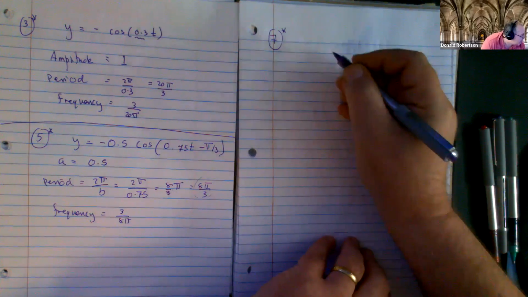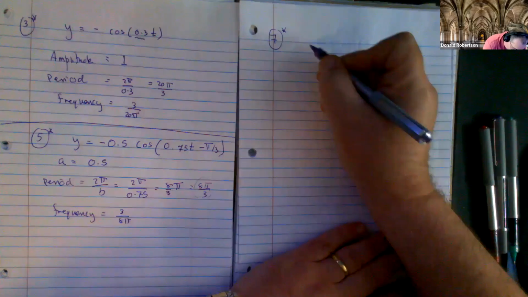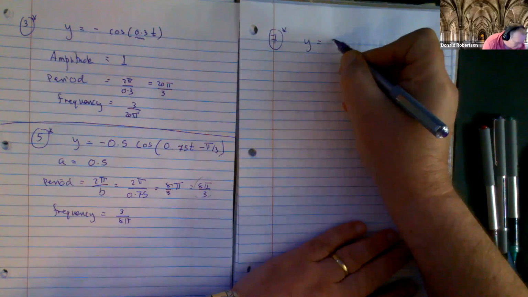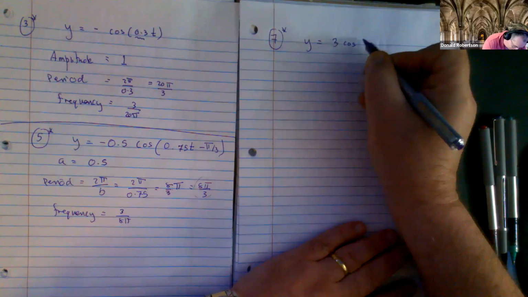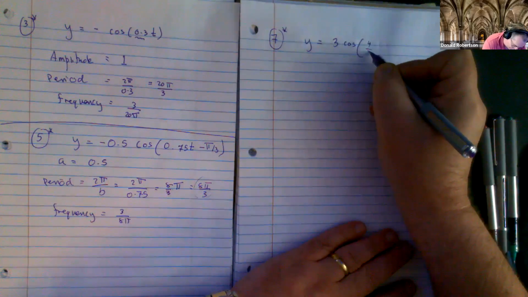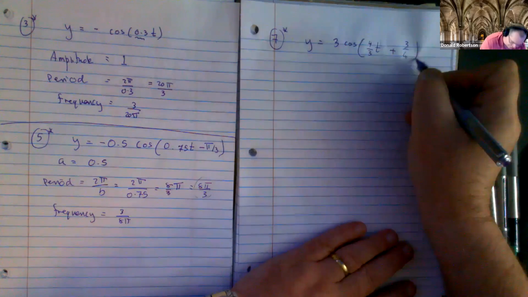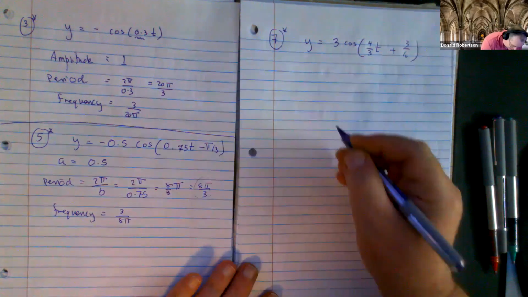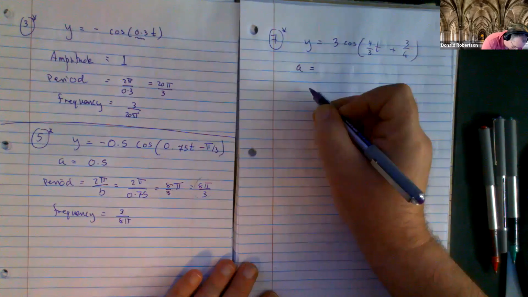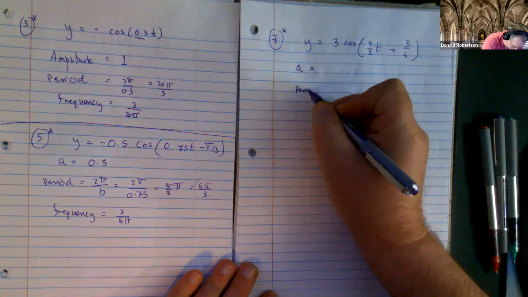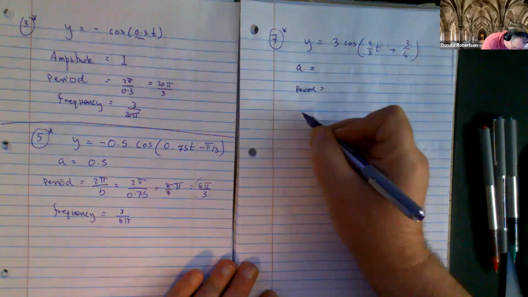I'm going to do this one including the sketching in decimals. So it's 3 cosine of 4/3 t plus 3/4. And they want the amplitude, the period, and again, the frequency.